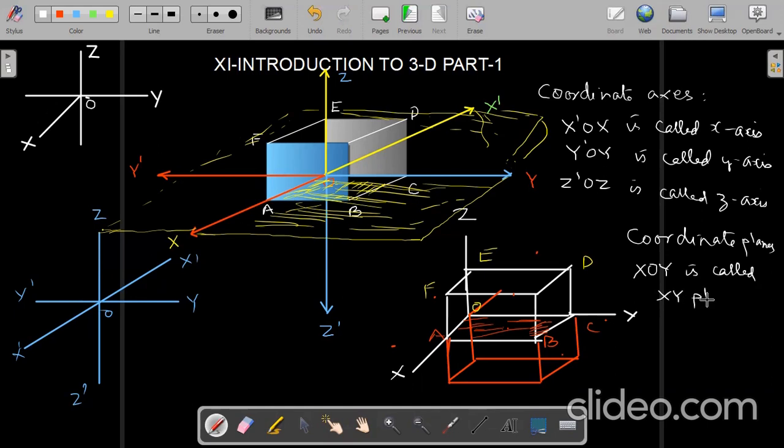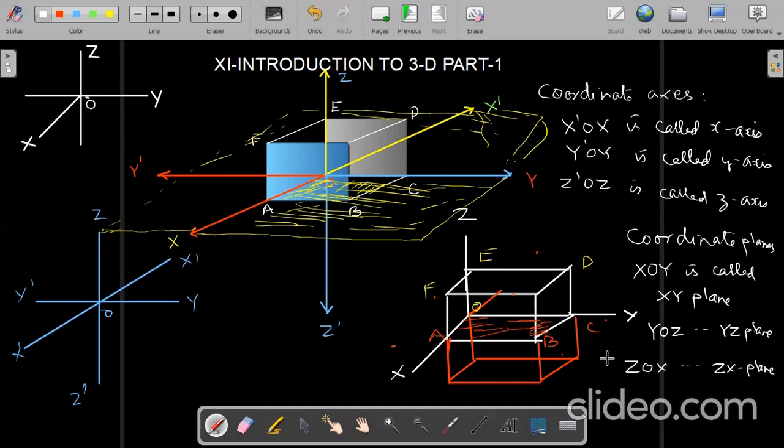Similarly, Y, O, Z is called the YZ plane. And Z, O, X is called ZX or XZ, same thing. ZX plane.